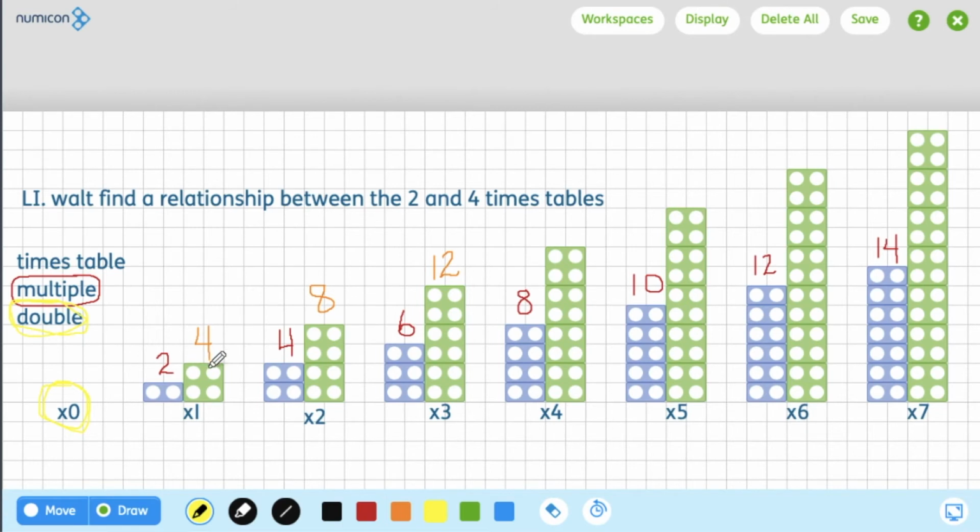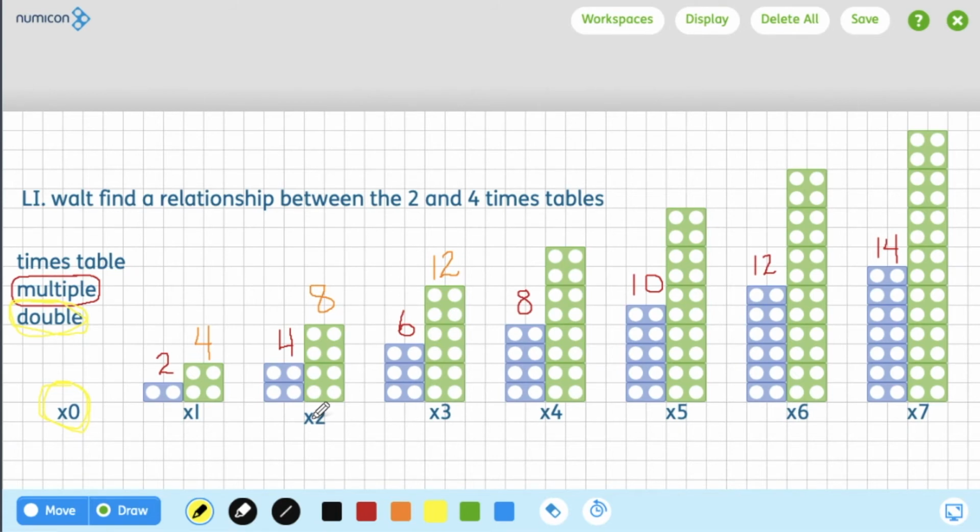So if I double it, I always get 4. So every time you multiply 4 times another number, it's always going to be double 2 times that very same number. Okay, and that's just the pattern, that's the relationship between them. The 4 times table is double the 2 times table.